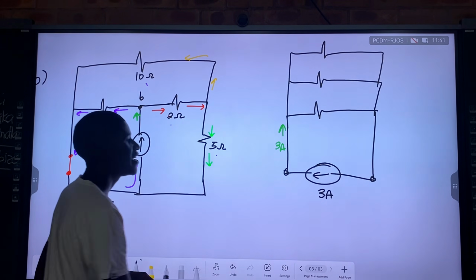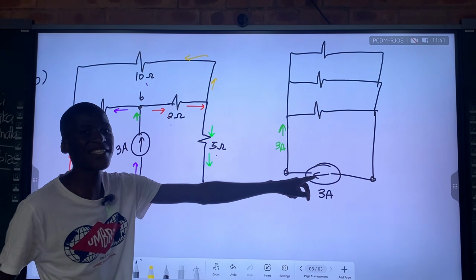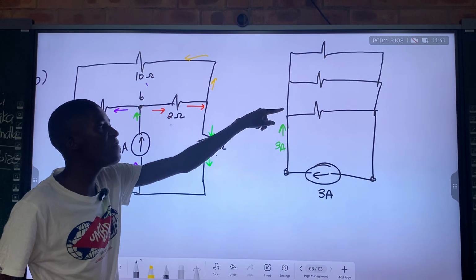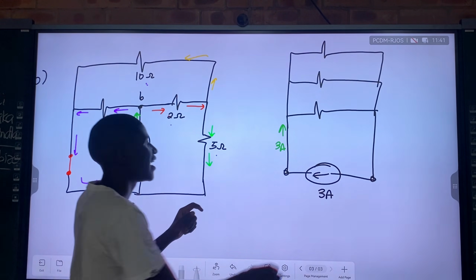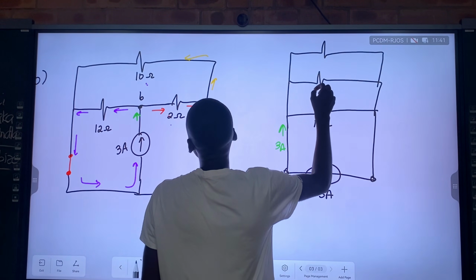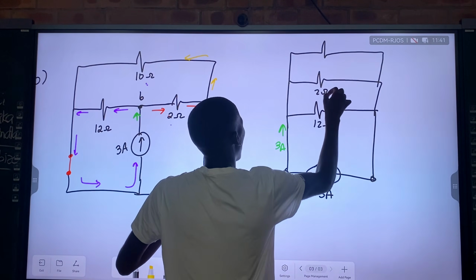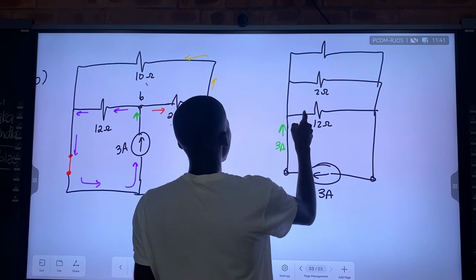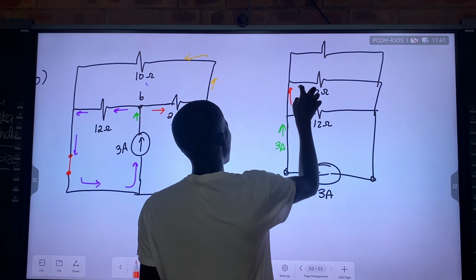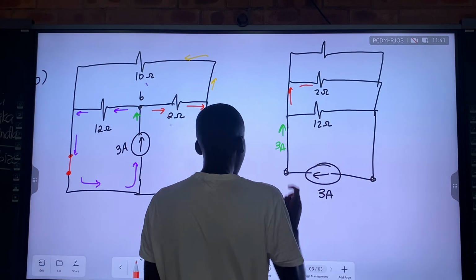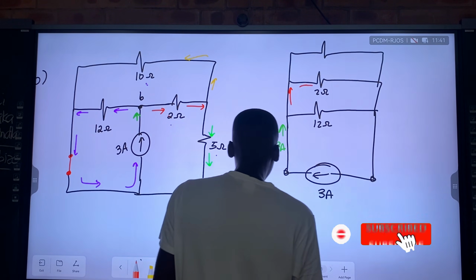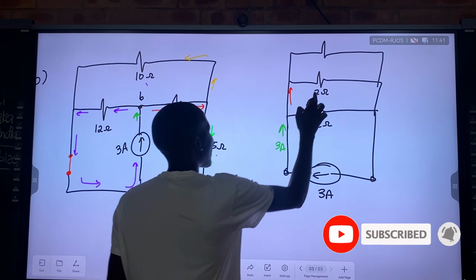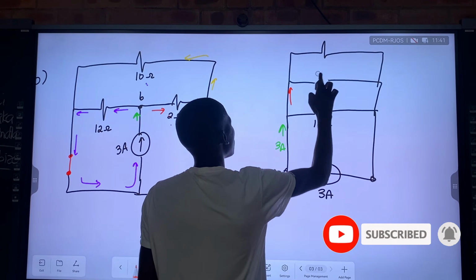It's not 3 amperes, the total current is our current source. How does my figure look? It splits, one part to the 12 ohms, another to the 2 ohms. Let's look. It splits. One to the 12 ohms, one to the 2 ohms. So the one to the 2 ohms goes this way, and one more 2 ohms. Okay, let me put my 2 ohms here. That makes it look more realistic than ever.